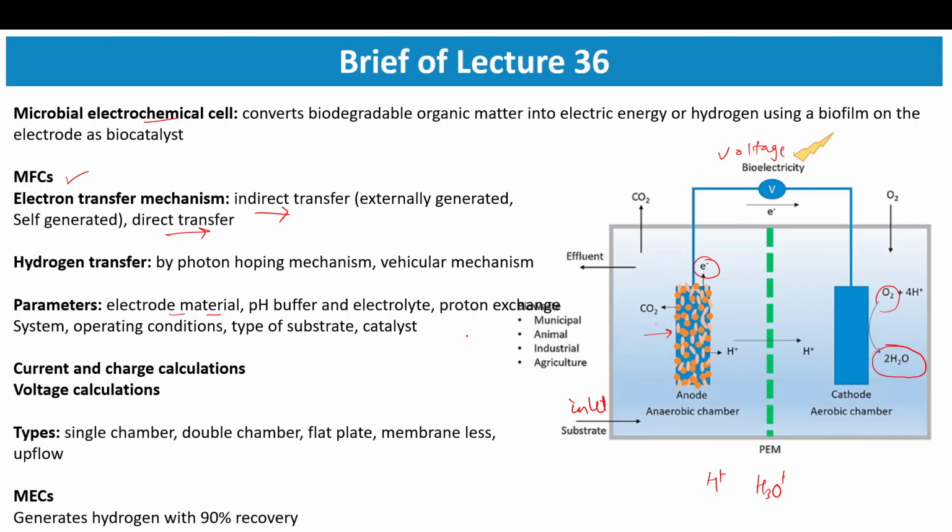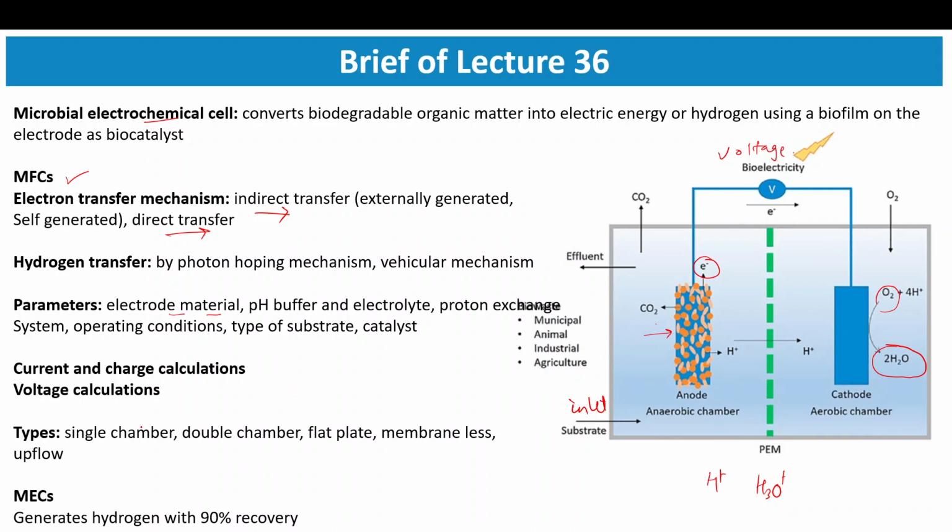All these parameters affect the efficiency, what type of degradation you can achieve, and also what amount of voltage you can get. Based on that, what amount of current or voltage can be obtained is calculated during the class.